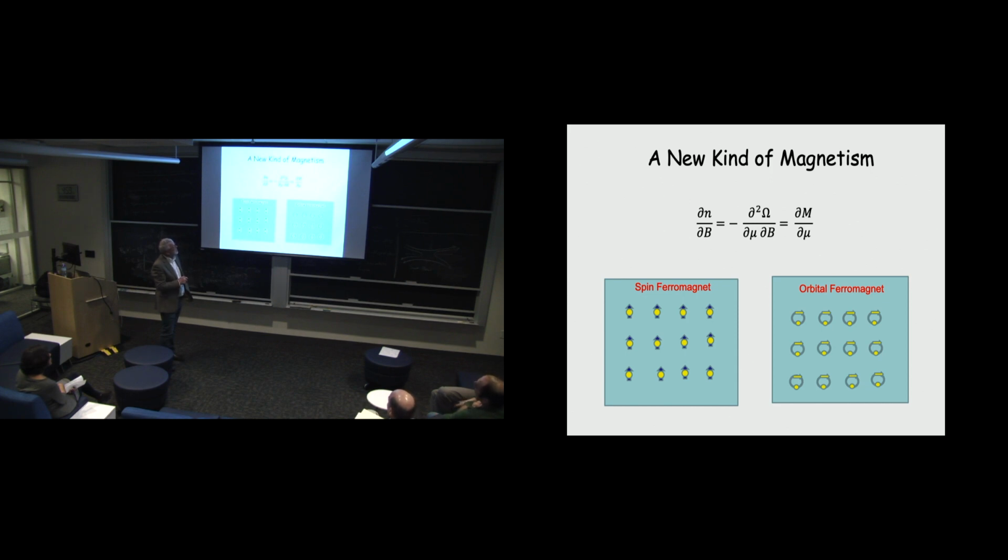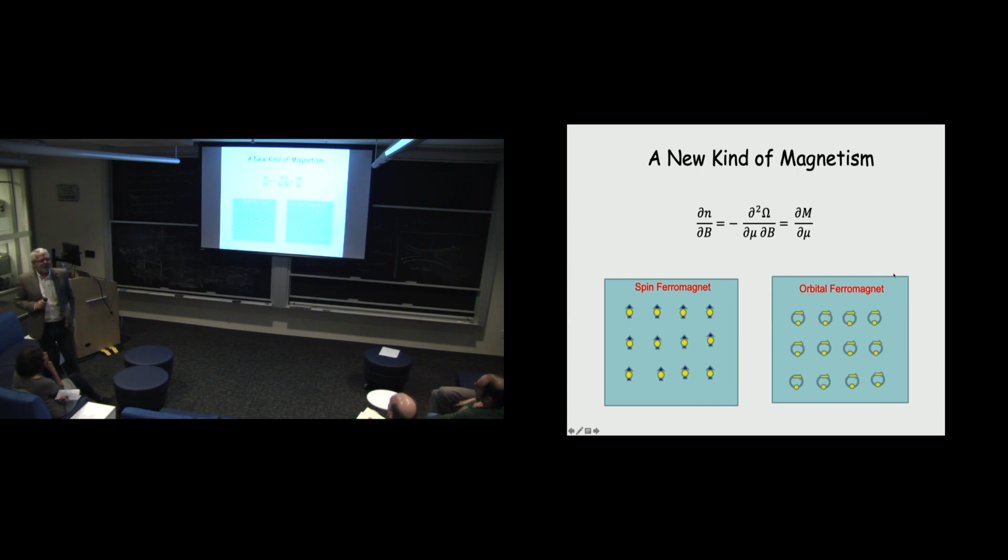And it turns out the dependence of the magnetization on chemical potential is related to the slope of that line, as is the Hall conductivity. So these systems also show a hysteretic anomalous Hall conductivity, a hysteretic Hall conductivity, even without a magnetic field.